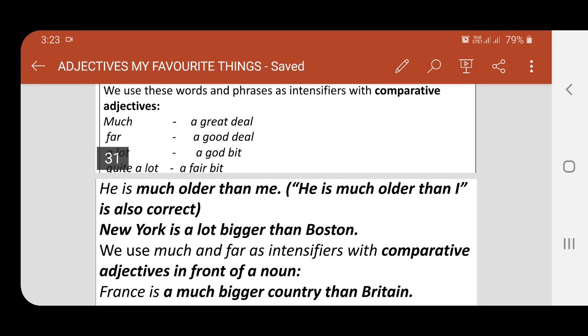Fourth is adjectives of quantity. Fifth is comparative and superlative adjectives. And sixth is intensifiers. So, please go through your communicative English book and try to complete the exercises in the classwork notebook.